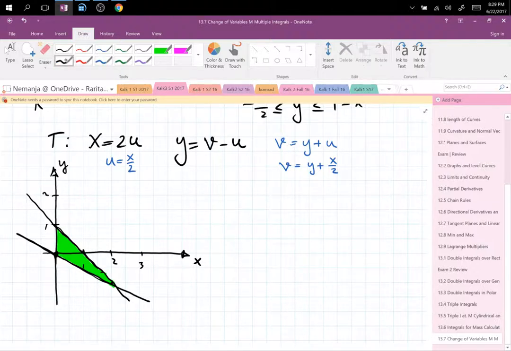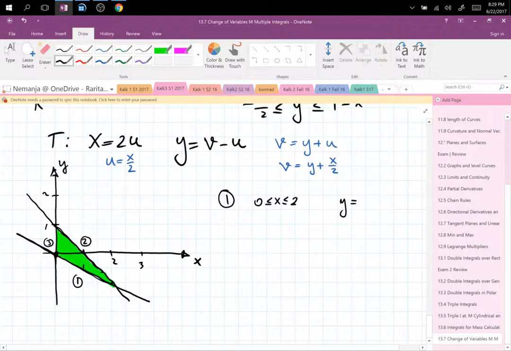Let's go. We only have 3 regions, right? Three boundaries to worry about. So number 1, x is between 0 and 2, and y is negative x over 2. So we are going to replace x with 2u, and we'll get 0 less than u less than 1.